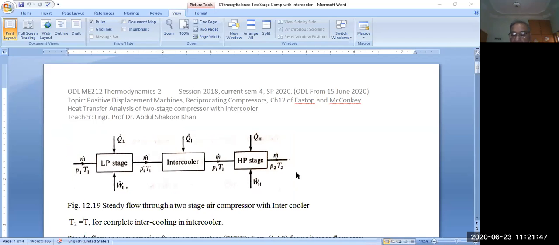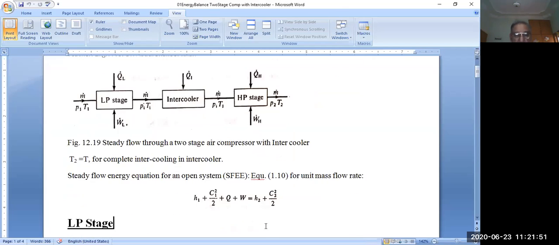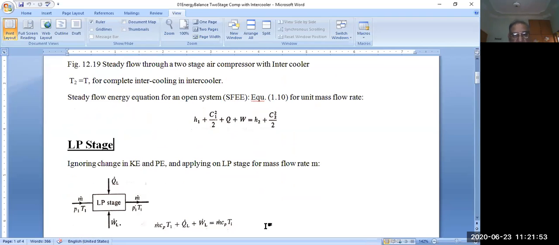Now, from this figure, we'll do the analysis of first law of thermodynamics, which you have learned in Thermo 1, and that is the steady flow energy equation. This is equation 110, written here. H1 and 1 and 2 conditions are in and out.